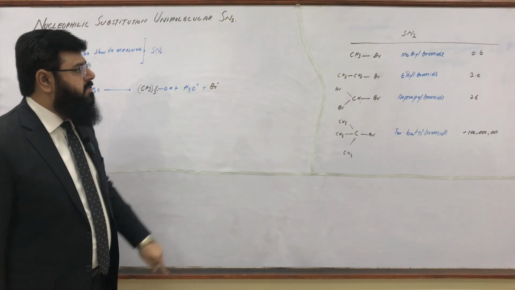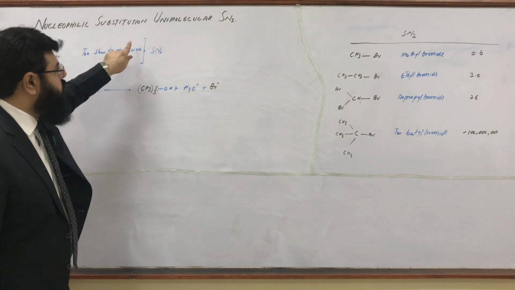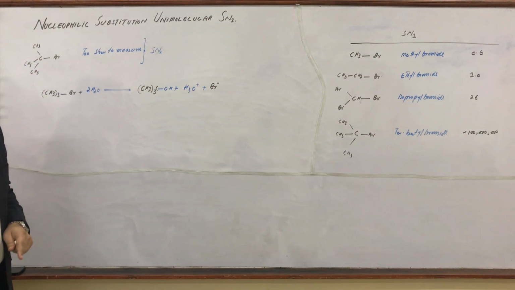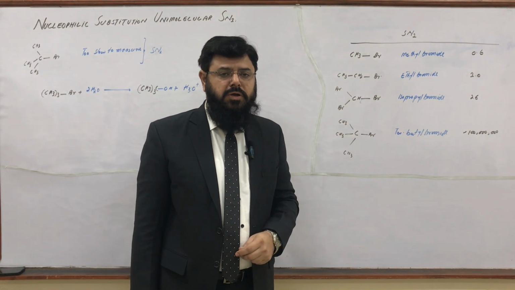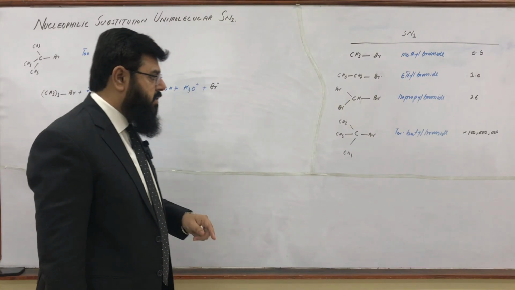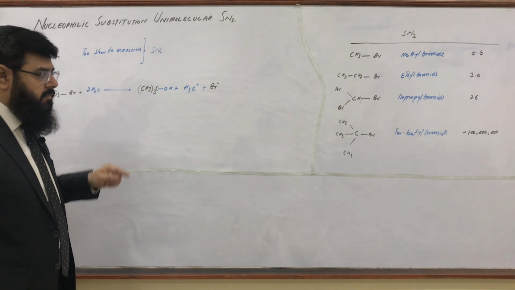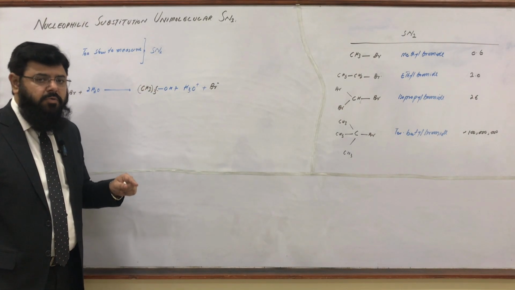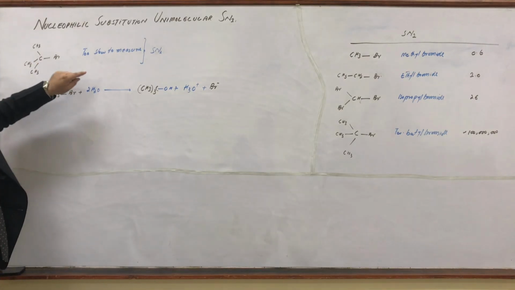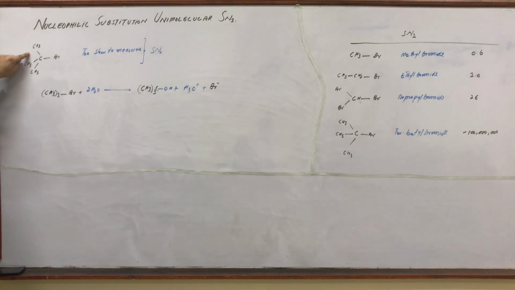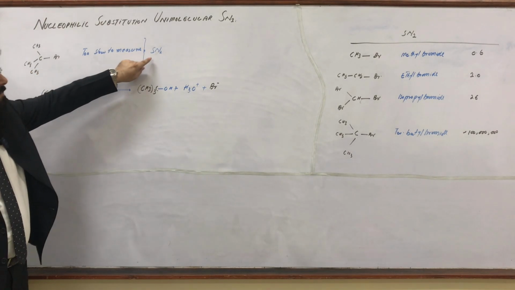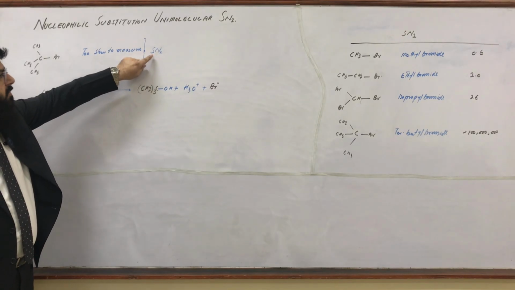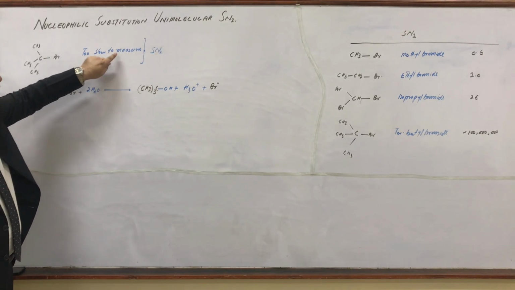As we studied in the previous lecture, the kinetics of nucleophilic substitution reactions was studied by a group of scientists at University College London during the 1930s, specifically the rate of reaction. We studied that tertiary alkyl halides give too slow a reaction by the SN2 mechanism, too slow to measure.